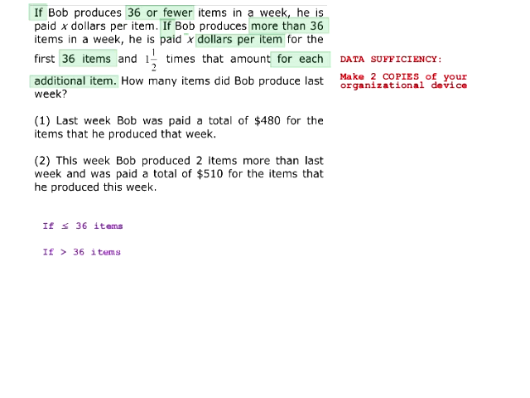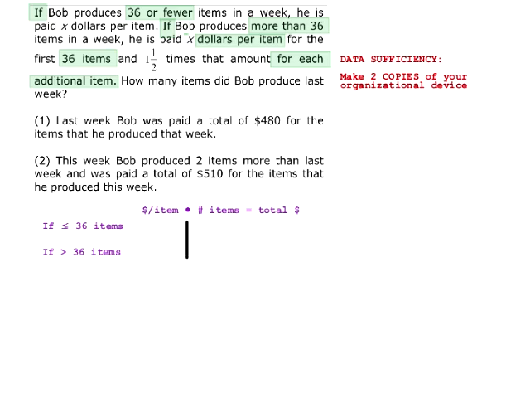Okay, well, if it's less than or equal to 36, then you just have a normal rate per item. And then that's numbers of items. And that gives you your total money.